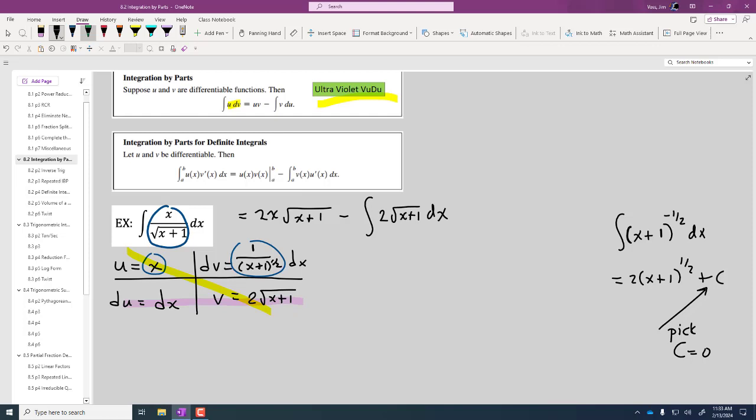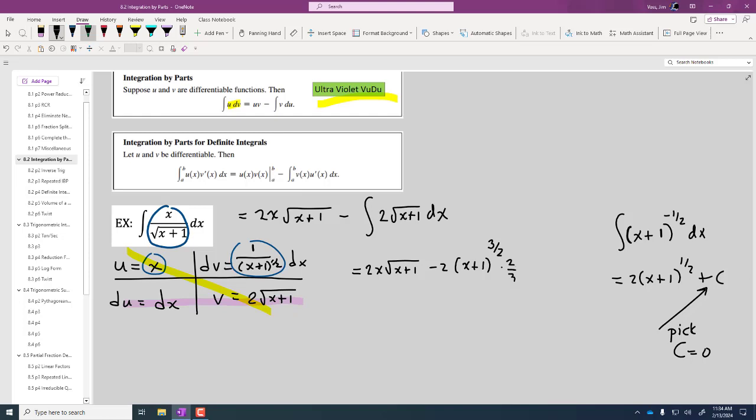And once again, we know how to do this integration. So we have this part out in front. And we can do this integration with the regular power rule. So this is going to be minus 2. We take our x plus 1, add 1 to the exponent to get 3/2, and multiply by 2/3.